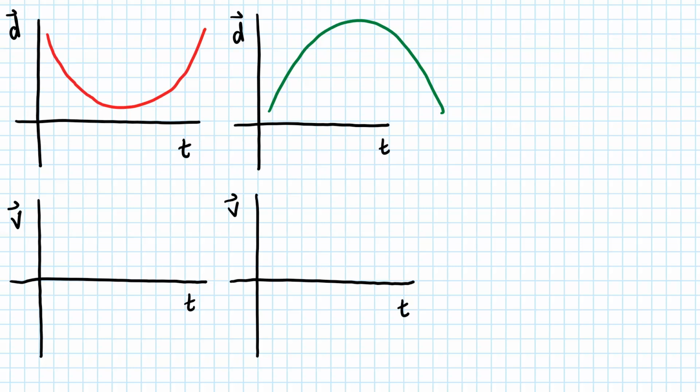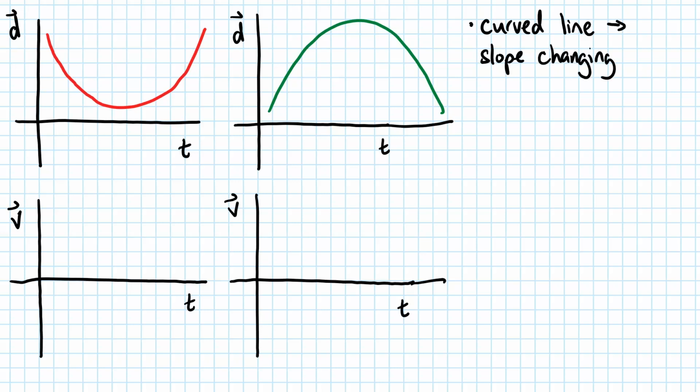And I can extend those position time graphs a little bit. Now, remember, we're not dealing with straight lines here. So what does that curve mean? Well, in a curved line, that means your slope is changing. So you no longer have a constant slope.